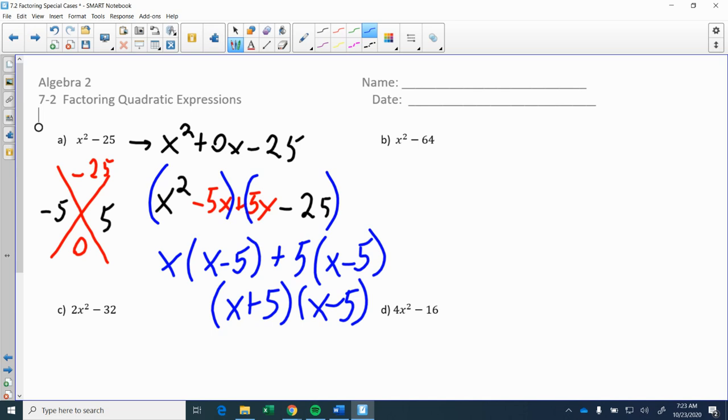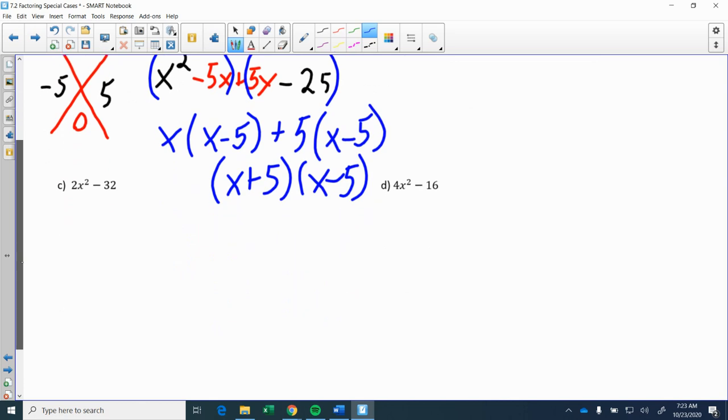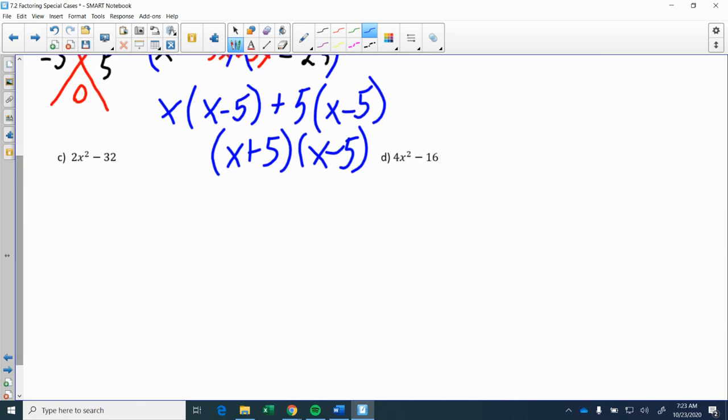Let's quickly go through one more just so we can get the concept. If we jump down here to letter C, we get 2x squared minus 32. What we're going to do is basically factor a 2 out to start to get x squared minus 16. So basically what I did here is I took 2 and divided it out of each of these to start the problem to make it easier on myself.